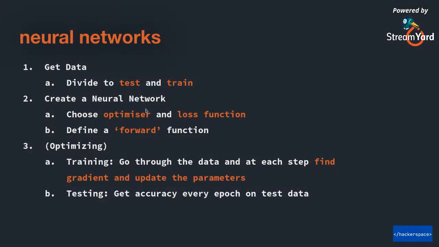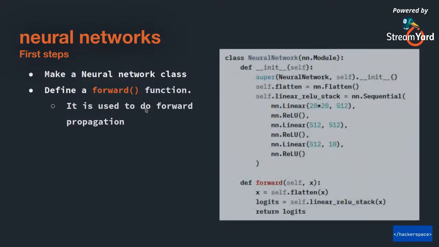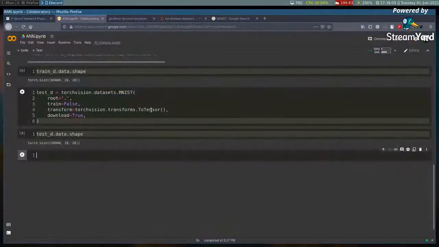Right, now we create a neural network. How do we create a neural network? We make a neural network class and define a forward function. Class, let's say NeuralNetwork. Now is where your Python skills come in handy.